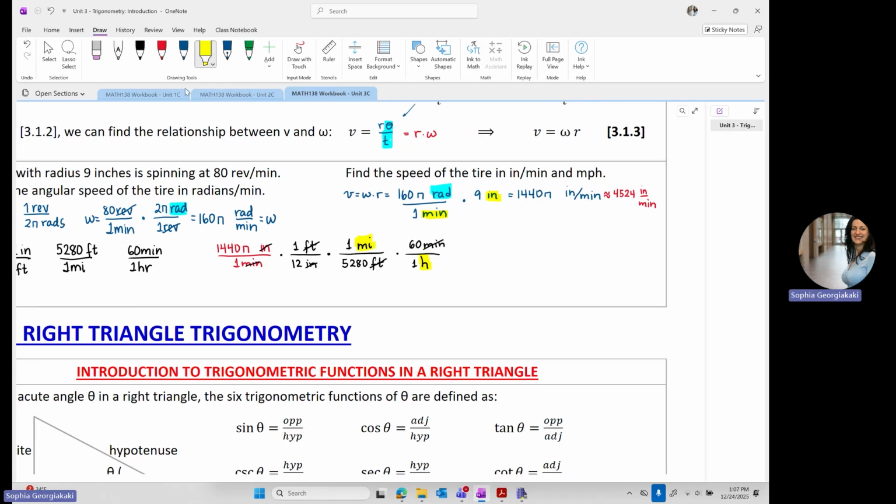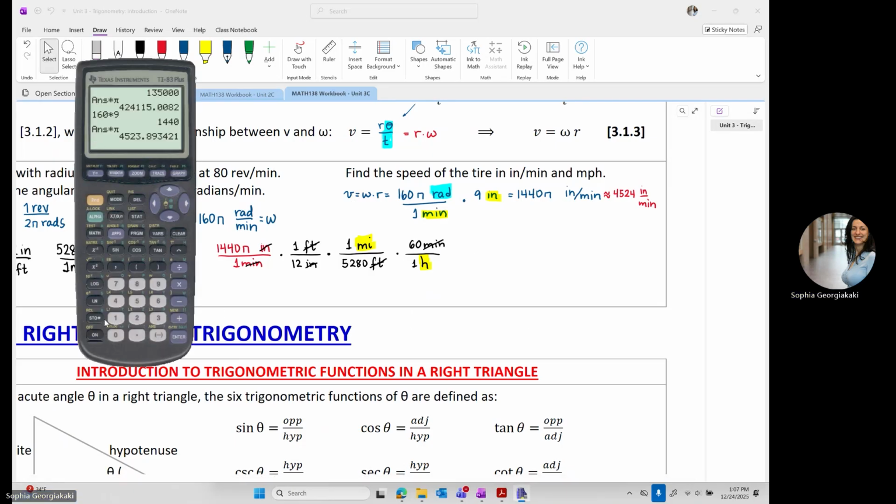And the only thing I'm going to do is that math. So the math is 1440. Remember, I'm not going to use the pi yet. I'm going to leave the pi. I have to remember that it is in the numerator.